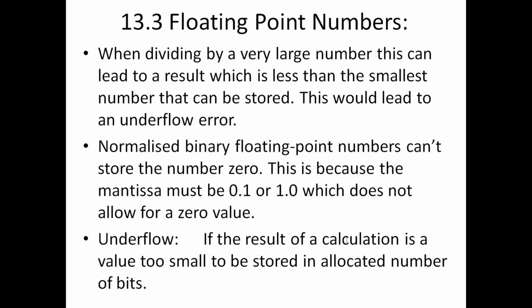Sometimes in floating point numbers, if you try to divide a value by a very large number, you can get a very minute number, such as 1.2 into 10 to power minus 36, like the numbers we usually get in physics or chemistry.